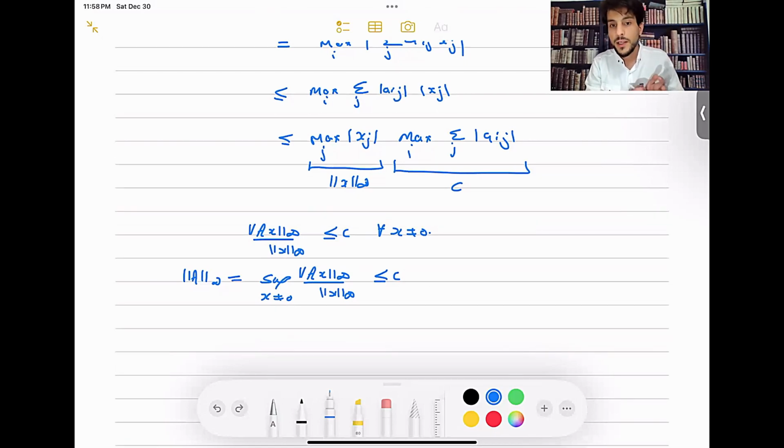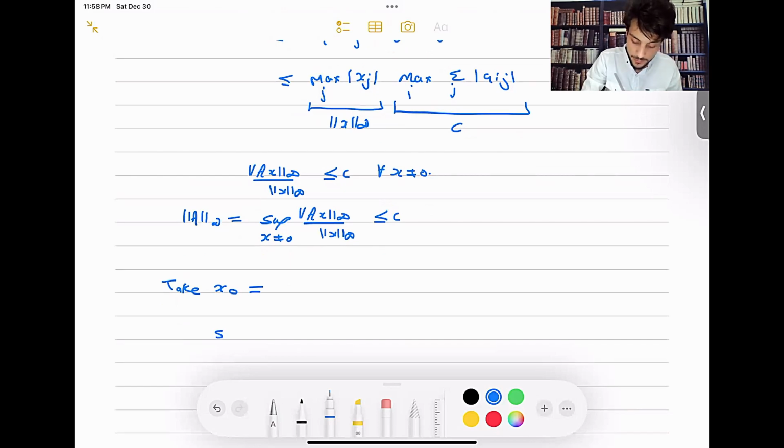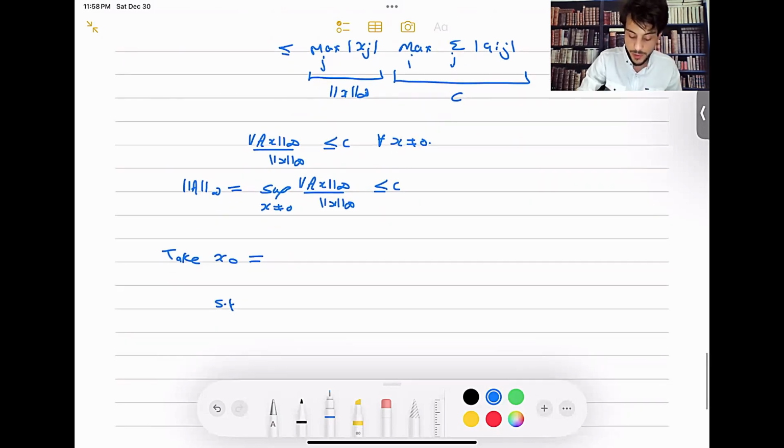And again, a standard trick here is to pick a value where the upper bound is attained. So let us do that. So what do we want? We want to find an x0, something we're going to figure out, such that the infinity norm of A x0 over the infinity norm of x0 is equal to c.